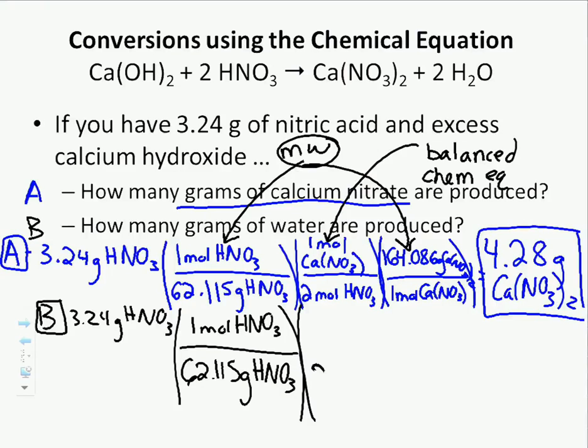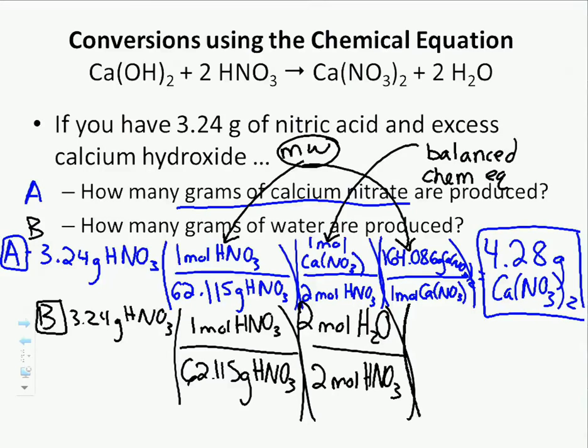Now we're trying to get from moles of nitric acid to moles of water, so we've got 2 moles of water on top from our balanced chemical equation.